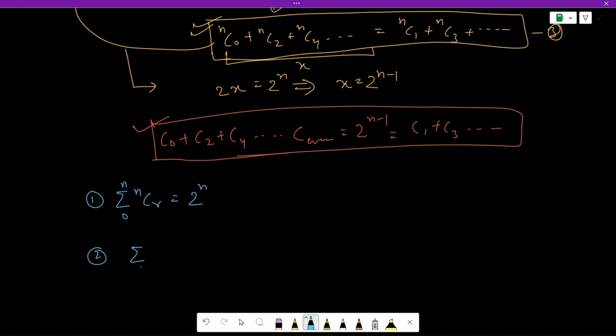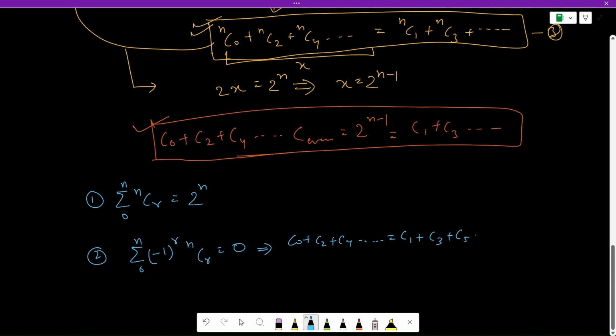Second result is summation 0 to n of minus 1 to the power r nCr is equal to 0, and this also implies c0 plus c2 plus c4 and so on equals c1 plus c3 plus c5 and so on, which is equal to 2 to the power n minus 1. Right, so these are the results we have derived so far.